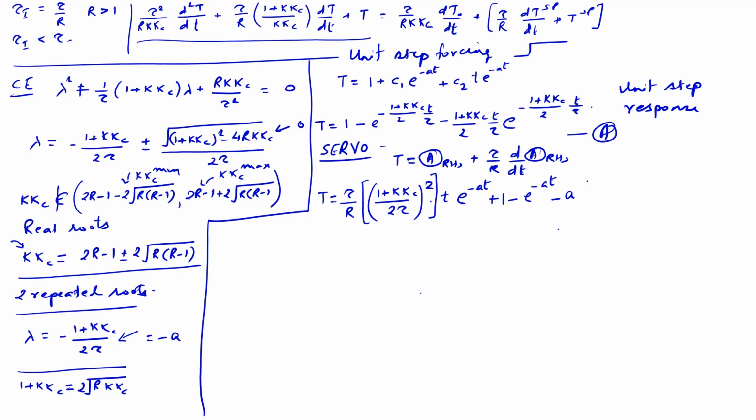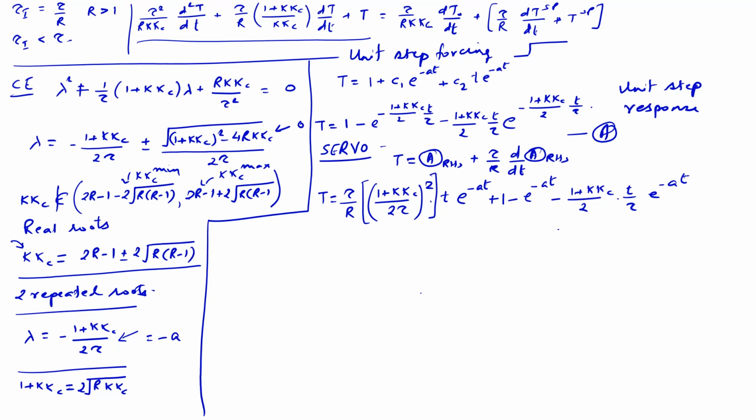This a will cause confusion, so leave it, we'll just keep the a in the exponential: minus 1 plus KKC divided by 2 times t by tau into e to the power minus at.